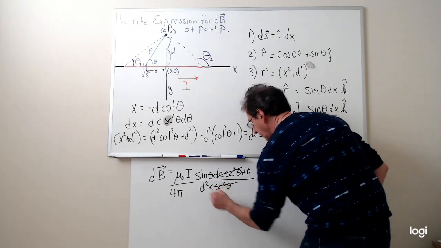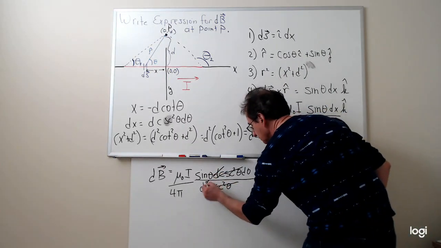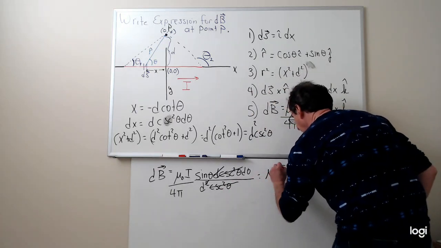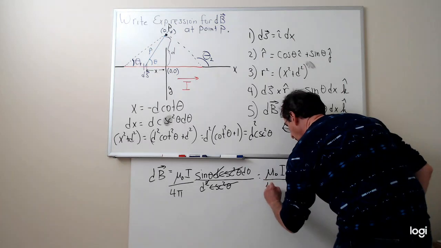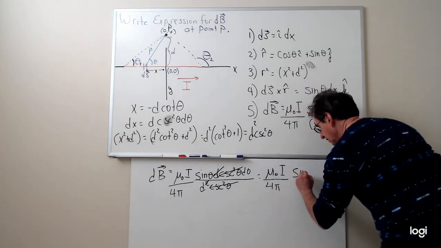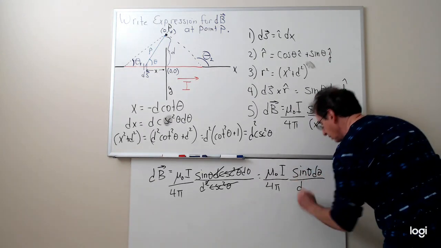These two guys will cancel, and then this will cancel with one of these. And so I'm going to get mu naught I over 4 pi times the sine of theta d theta over d.